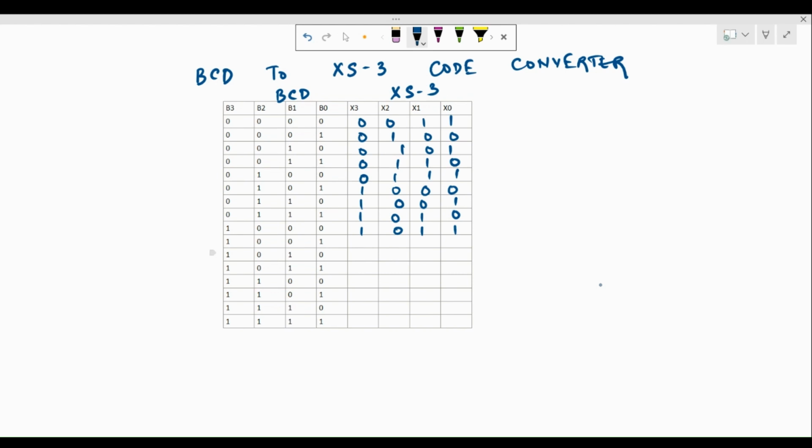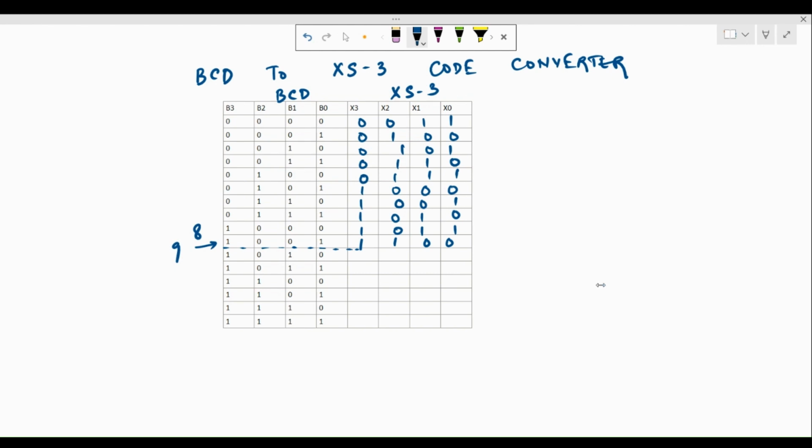Now, if you notice, this is nothing but 8 of my BCD. And the last number that is there, it's going to be 9. So I'll have 1100. So with this 9, my BCD's number system has actually got over. So this is the set of BCD numbers that I've actually got.